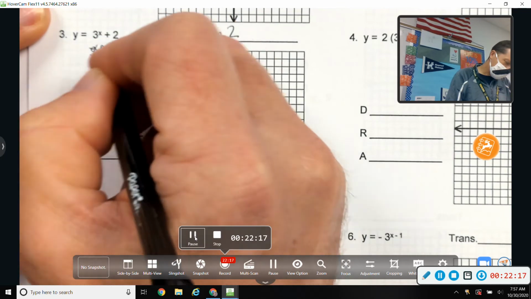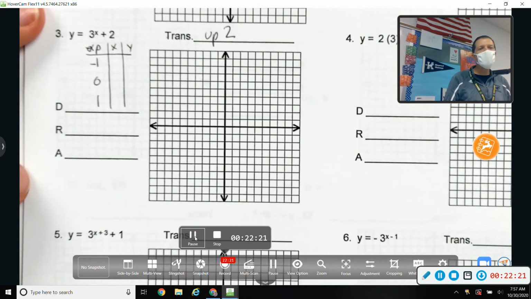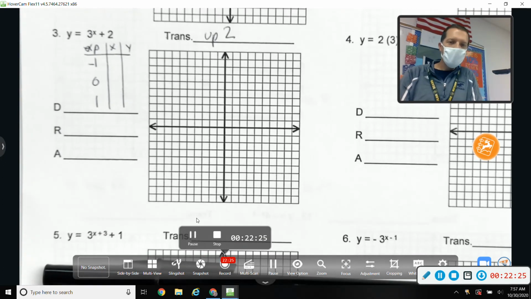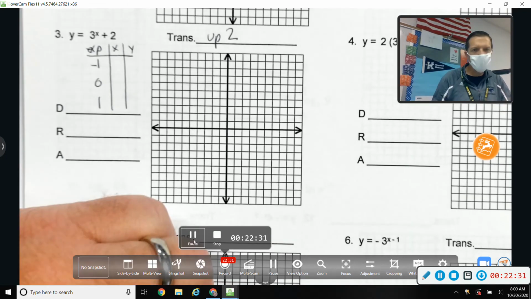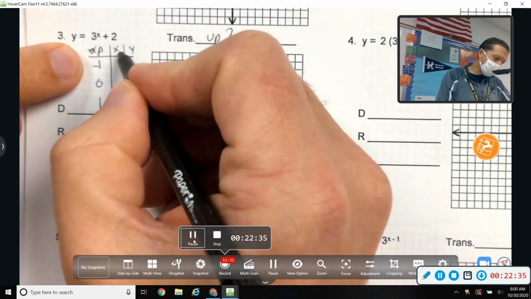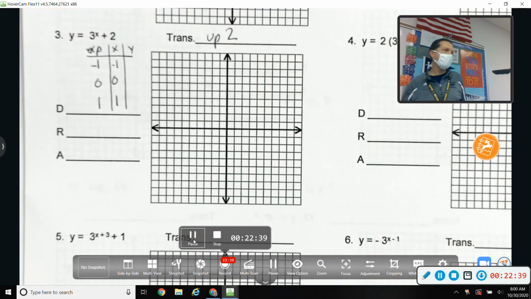Again, exponent is always -1, 0, and 1. Why don't you try this one, start to finish, and then we'll compare notes and see what we got. So the exponent is just x, so figuring out what the exponent needs to be is another easy one. Just -1, 0, and 1.